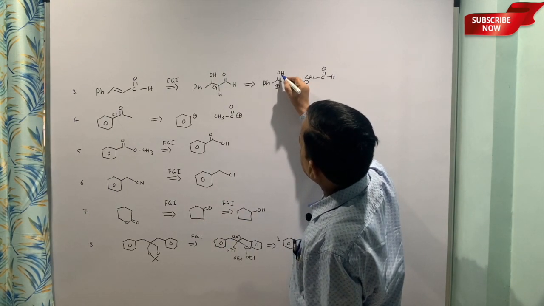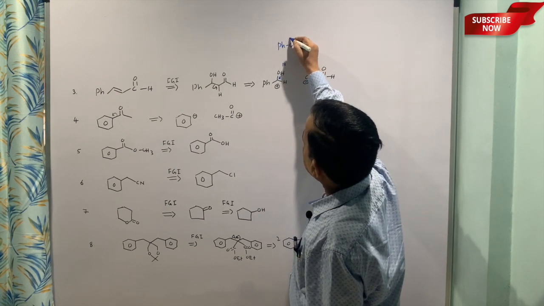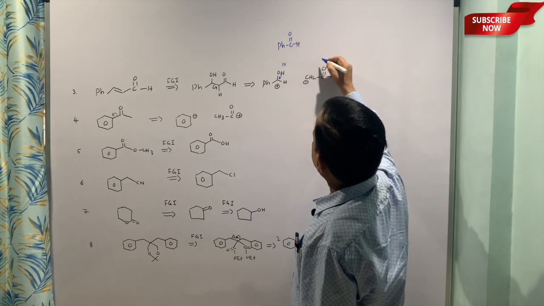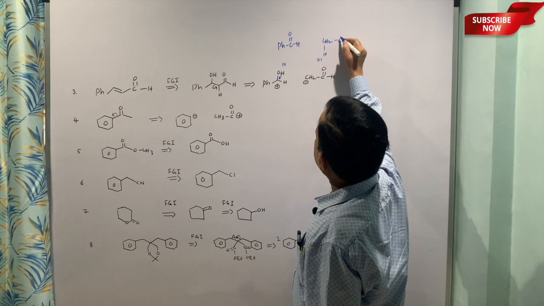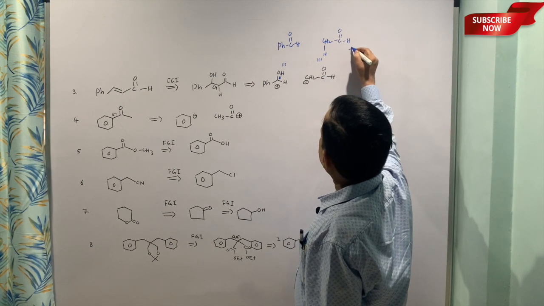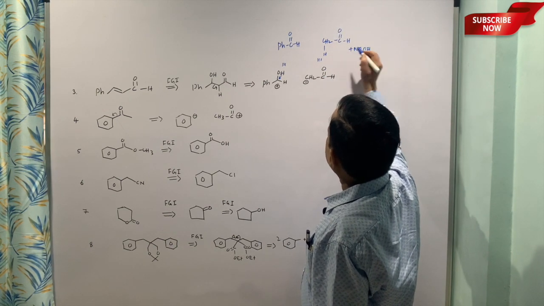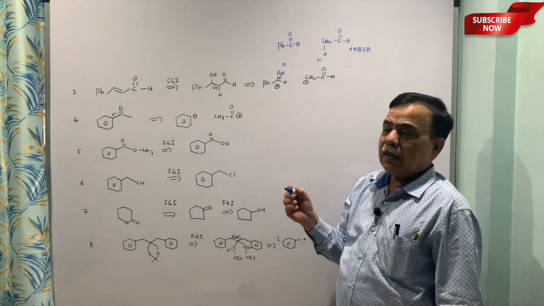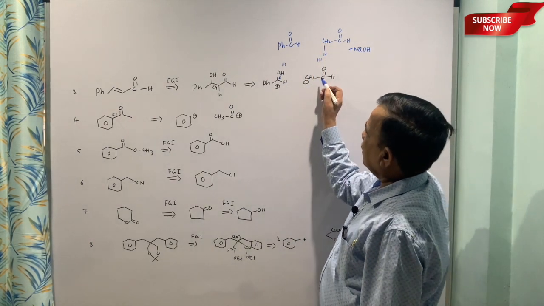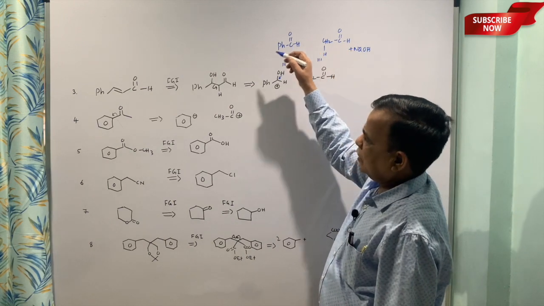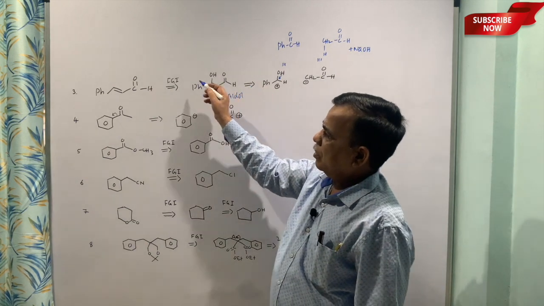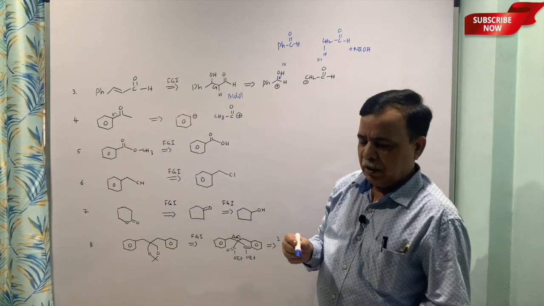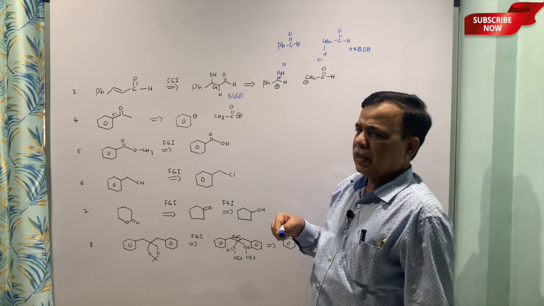So, here we can sacrifice hydrogen and this will be your benzaldehyde, the reagent, and this is going to be the acetaldehyde in the presence of NaOH, let us say some base which will eventually abstract a proton, and this will be CH2 minus. When this CH2 minus interacts with this, you will get aldol, this is aldol, and this aldol upon dehydration will give you crotonaldehyde or this alpha beta unsaturated aldehyde.